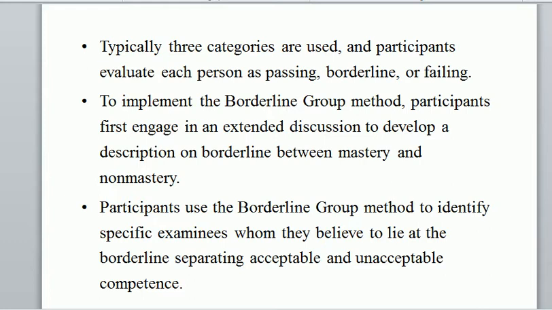So participants use the borderline group method to identify specific examinees whom they believe to lie at the borderline, separating acceptable and non-acceptable competence.